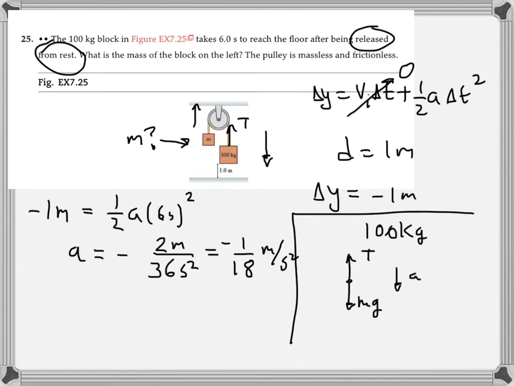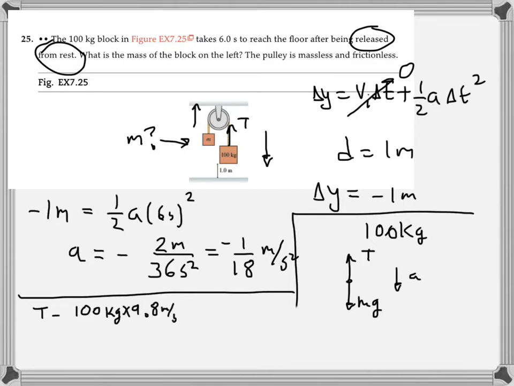So according to Newton's second law, we're going to have that the tension minus the mass of that block, which is 100 kilograms times 9.8 meters per second squared, T minus mg, those are the two vertical forces.